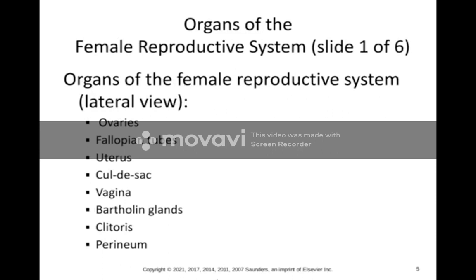So the organs of the female reproductive system from the lateral view are the ovaries, fallopian tubes, uterus, cul-de-sac, vagina, Bartholin glands, clitoris, perineum.